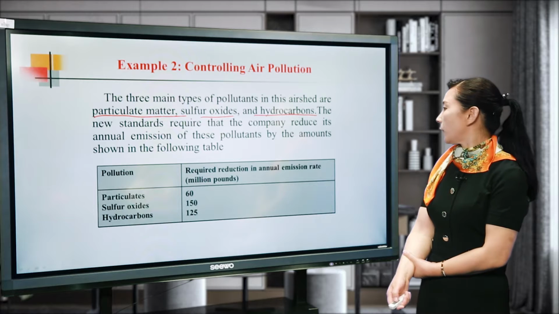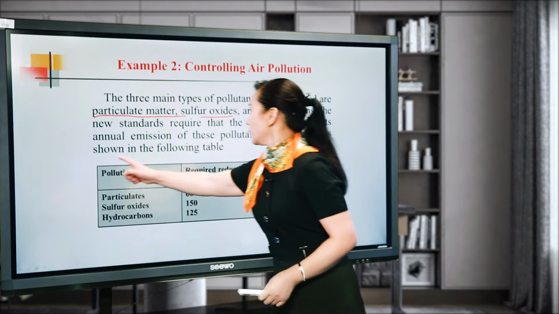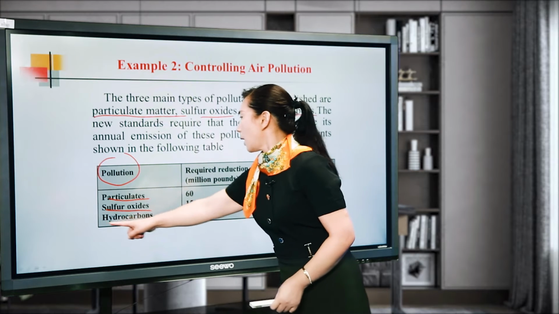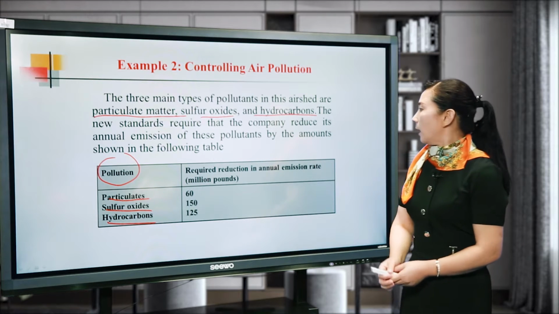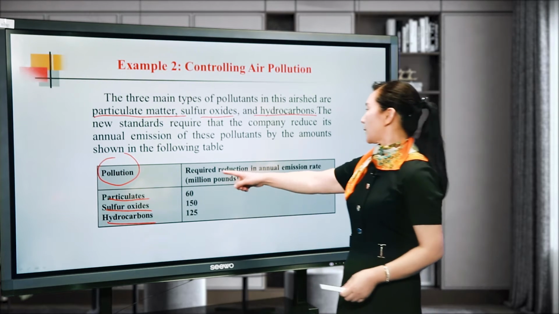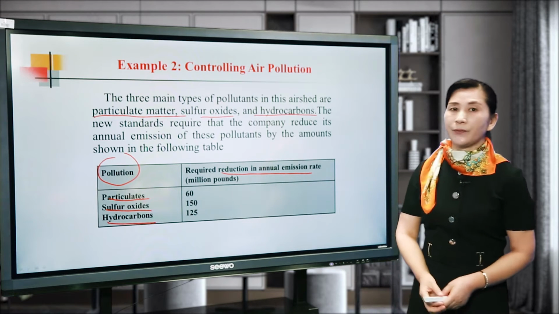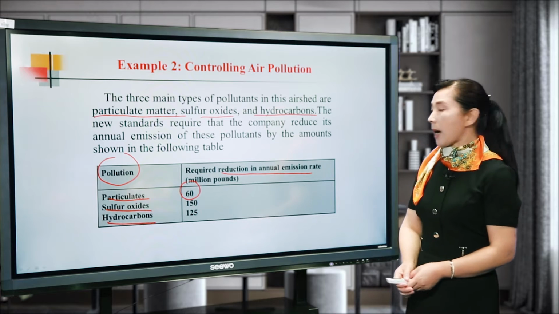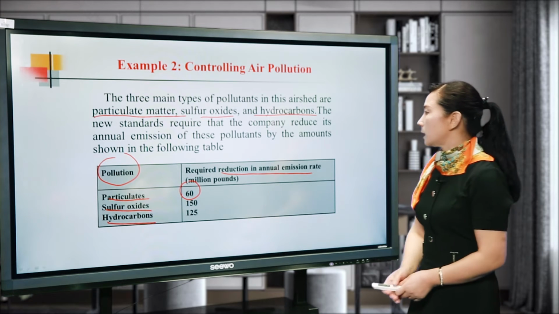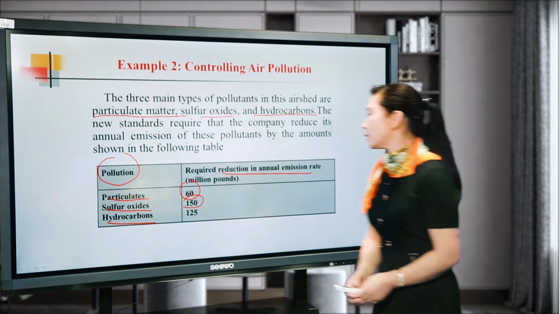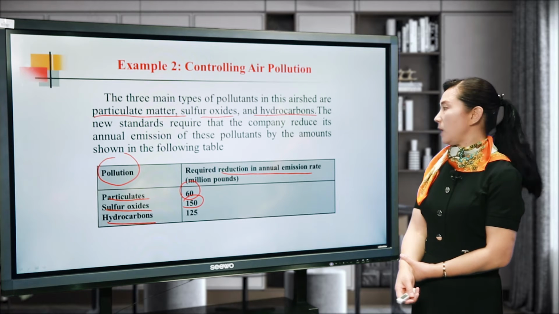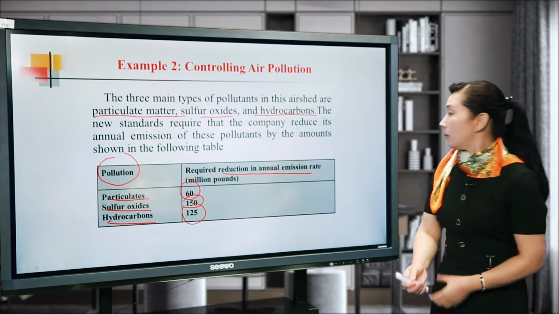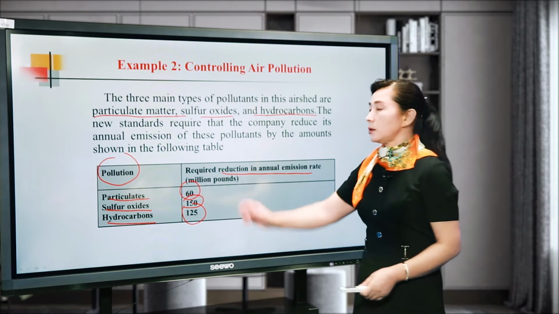And in this table, we notice the three pollutants: particulates, sulfur oxides, and hydrocarbons, and the required reduction in annual emission rates. That is, particulates must be reduced by 6 million pounds a year, the sulfur oxide emission must be reduced by 115, and the hydrocarbon emission must be reduced by 125.